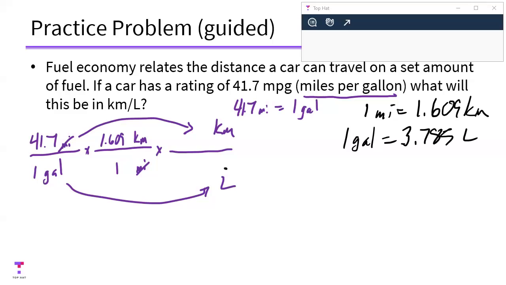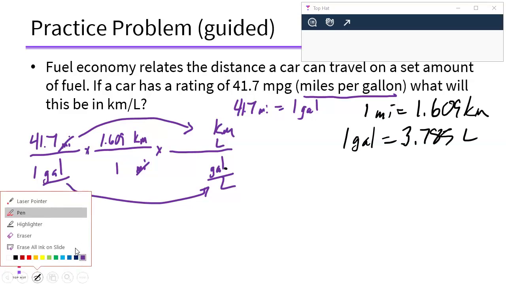If I don't do that step, when I go to do the conversion at the end, if I just follow the pattern I have been, in the end, I'm going to see, oh, wait, I've got gallons here and liters. So my final unit would be kilometers times liters over gallons squared, which doesn't make any sense as far as the unit is concerned.